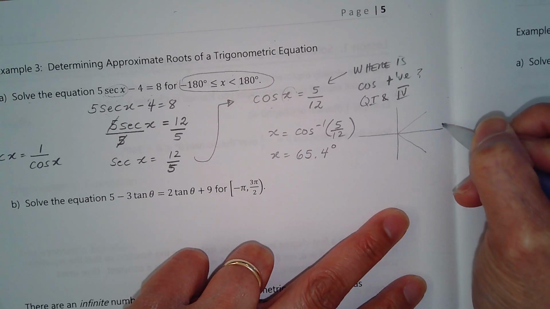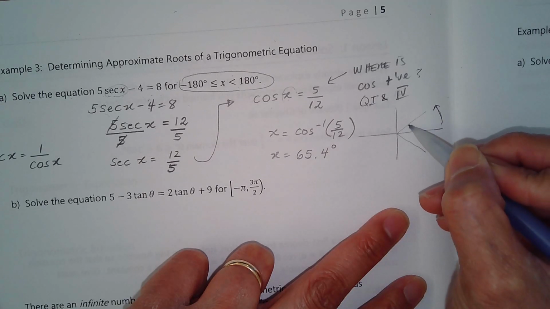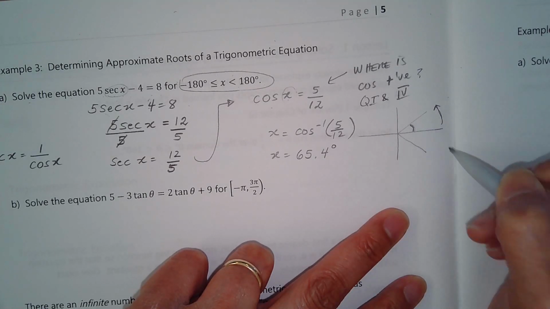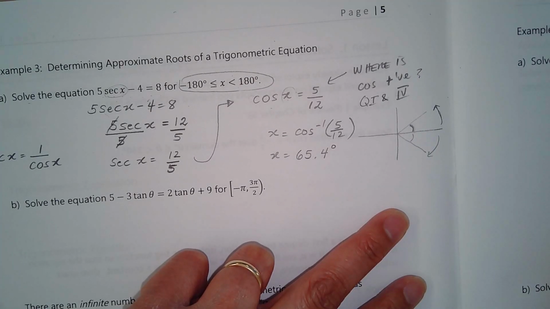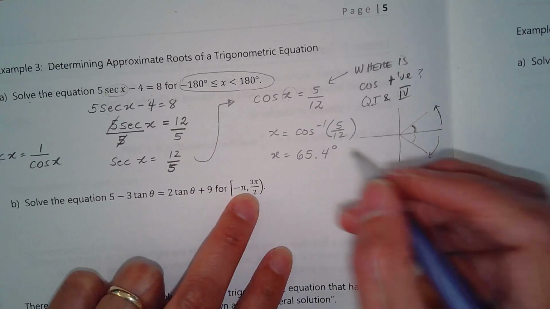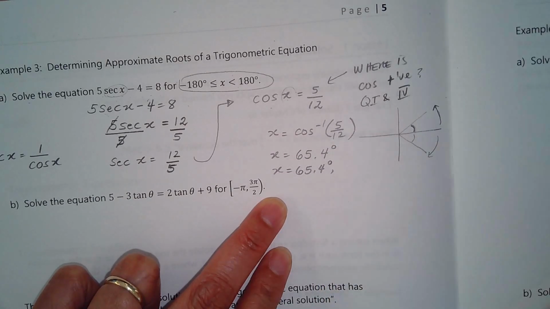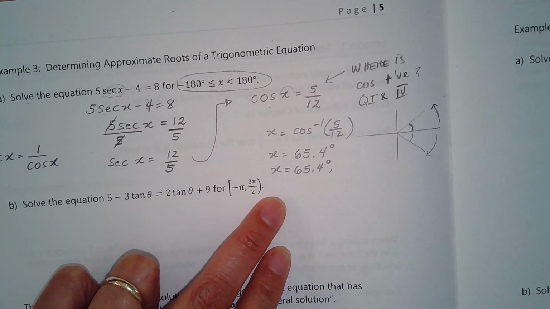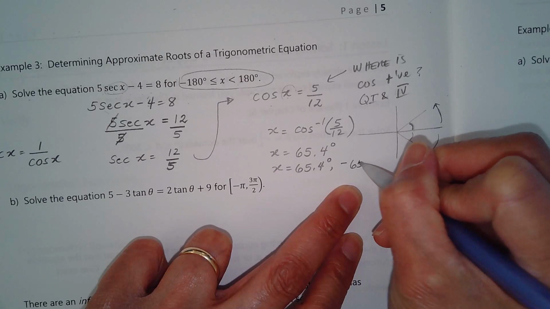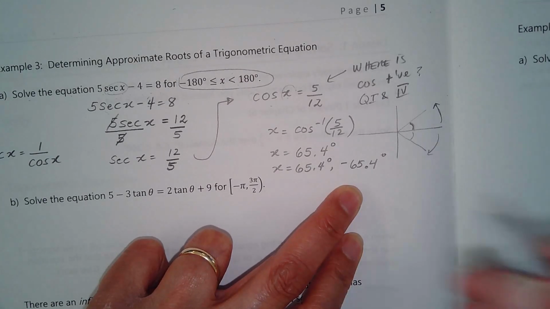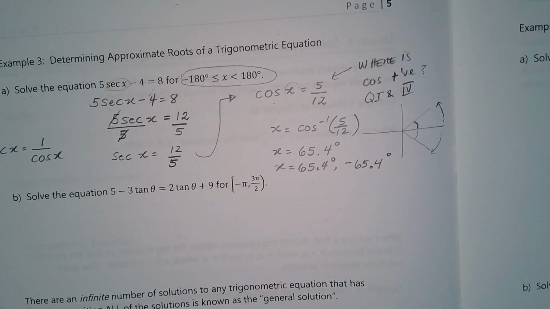If we go counterclockwise this way, we hit the quadrant 1 angle, and if we go clockwise this way, we hit the quadrant 4 angle. So x equals 65.4 degrees for the positive angle, and the negative angle would be negative 65.4 degrees. Those are our two solutions.